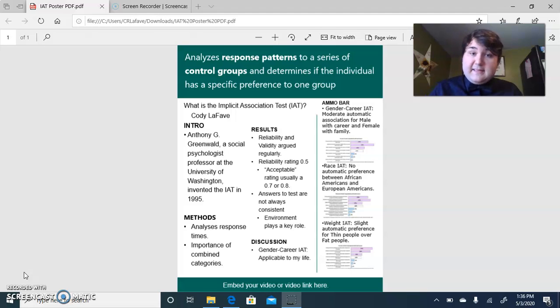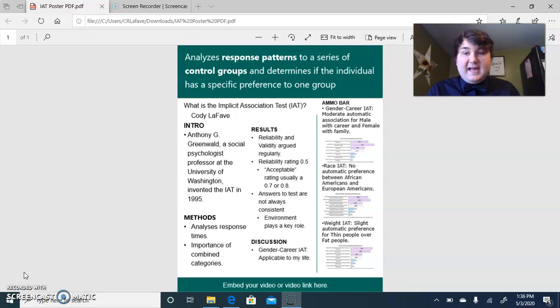Now, the next one, they have the combined terms yet again, but this time, they would switch and swap the terms. Instead of what it was before, now they would have female names on the E key with words that have a career connotation, and on the I key they would have male names with a family or home connotation.